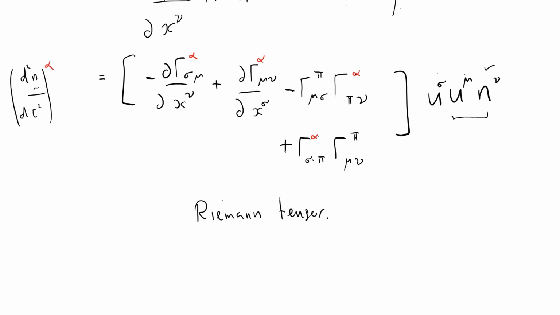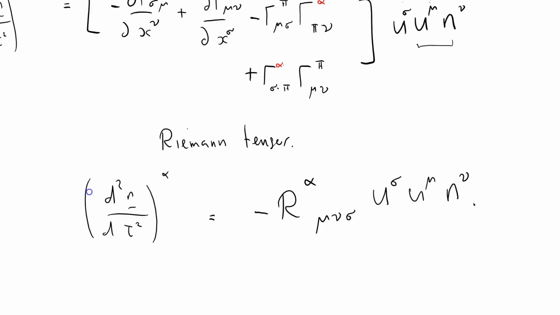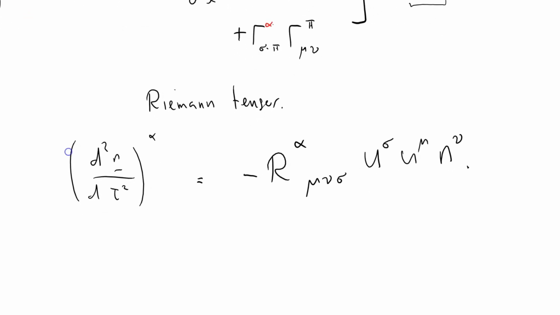So let me just write down the whole thing again. d2n by d tau squared alpha equals, and there are different sign conventions, so I'm just going to call it a minus R, alpha up there. Underneath we've got mu, nu, sigma, which go with u sigma, u mu, n eta. And there we have it.